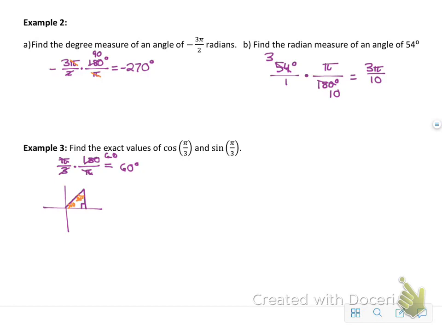I know that's where 60 is going to be, because that's the quadrant that 60 degrees is in. If I want to use my special angles, I know that this is 1 and that is s. This ends up being s root 3.